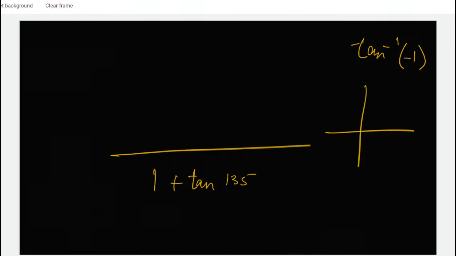See here, 1 plus tan 135. So tan x is minus 1. If we put tan x equal to minus 1, x is 135, right? So if tan x is minus 1, then the denominator will be 0, and this can't be used. That is why it won't work for both values of tan x equal to minus 1.